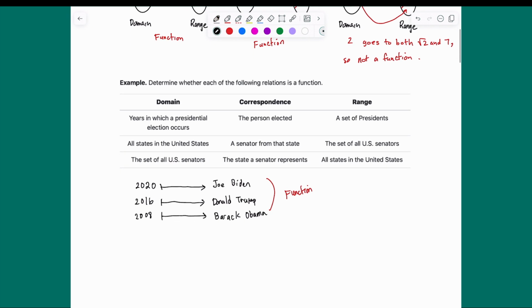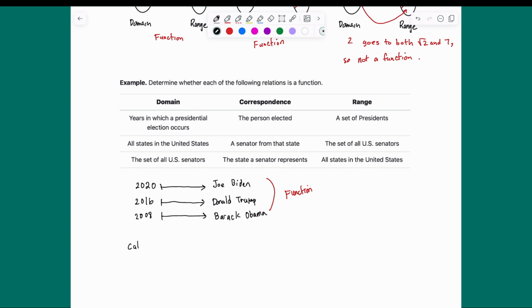All right, what about the next one? The domain is all states in the United States. The range is a set of U.S. senators, and the correspondence is a senator from that state. Let's use our home state of California.